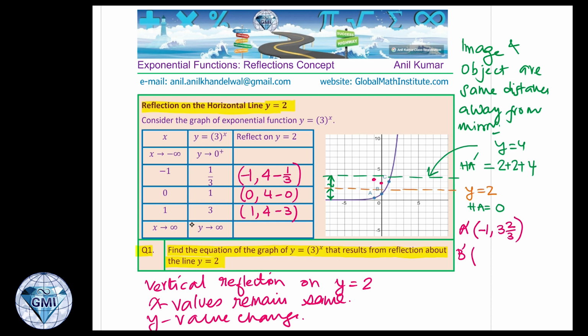So that is how we are going to get the second point, which will be at 0 and 4 minus 1, which is 3. And C prime, which is reflected on the axis y equals 2, was at 3, will now be 4 minus 3, so that means it will come at 1, right? So the point at 1 will now be at 1. So these are the three image points. Is that clear to you?